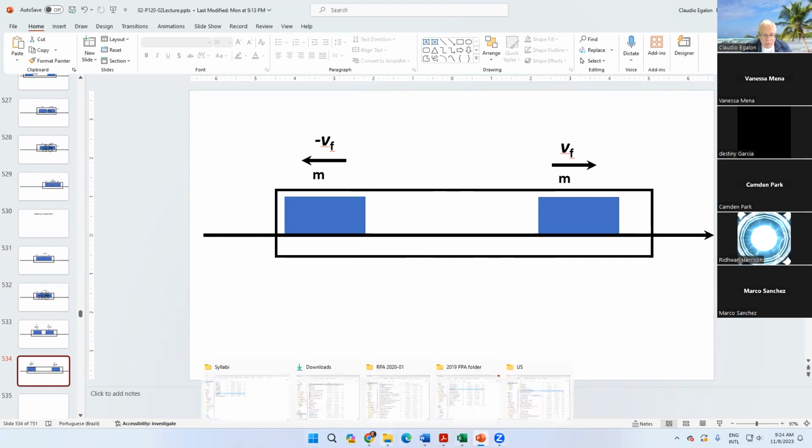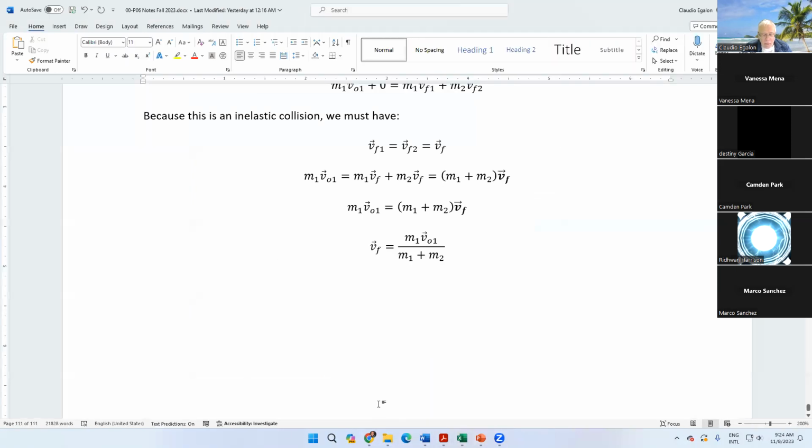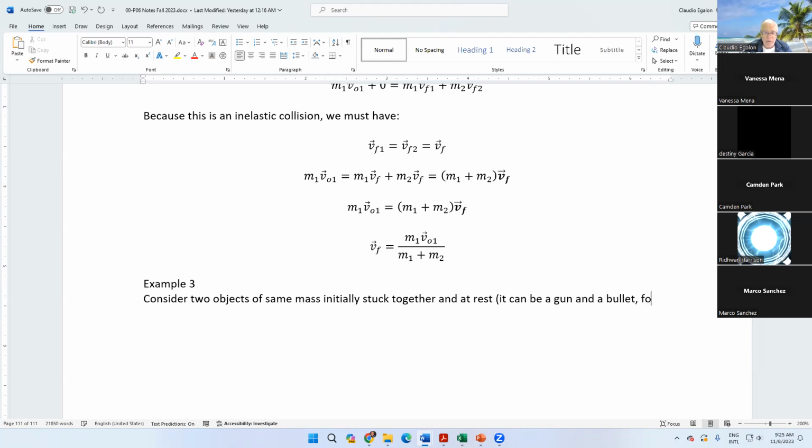Okay, so now another example, example 3. Consider two objects of the same mass, initially stuck together and at rest. It can be a gun and a bullet, for instance.